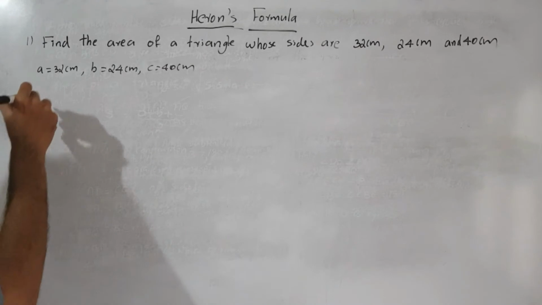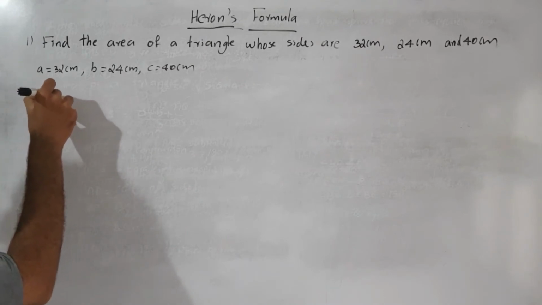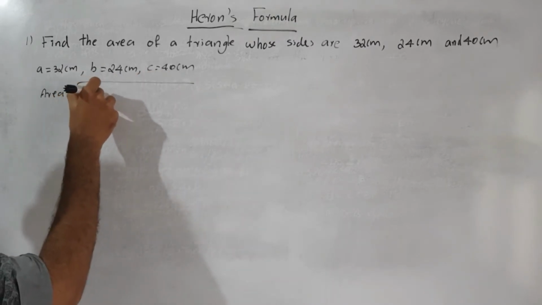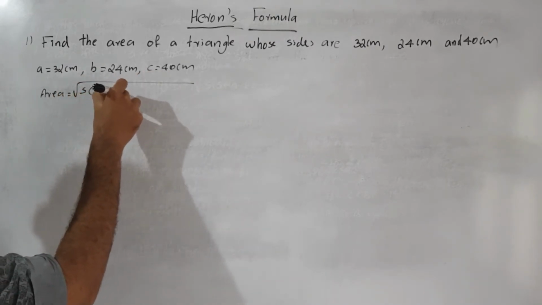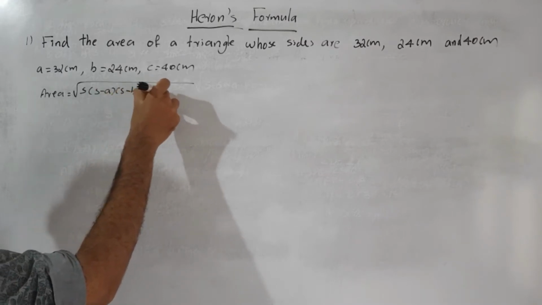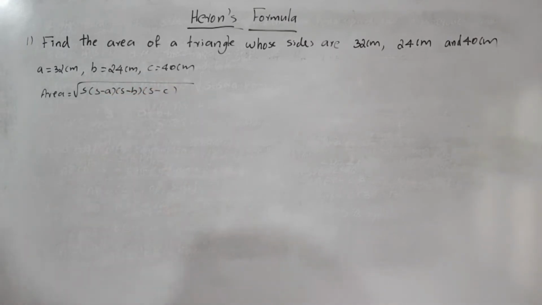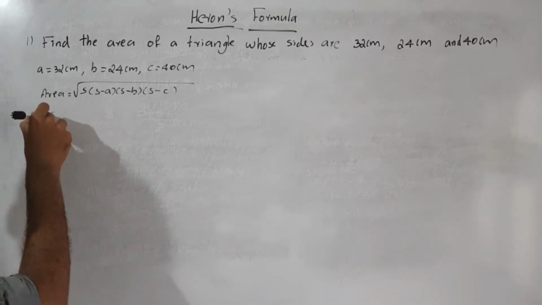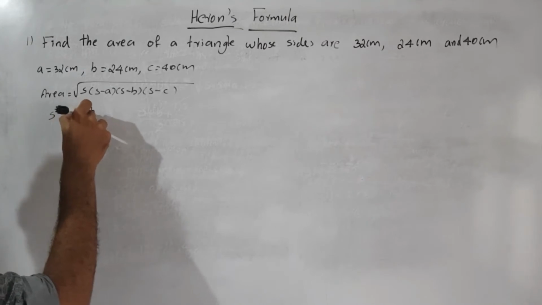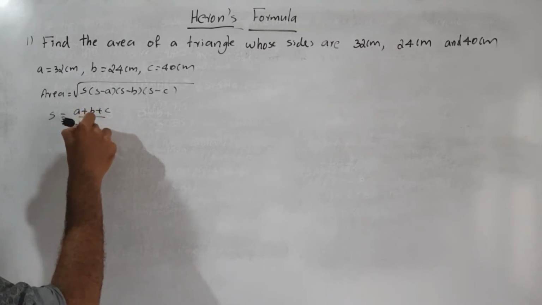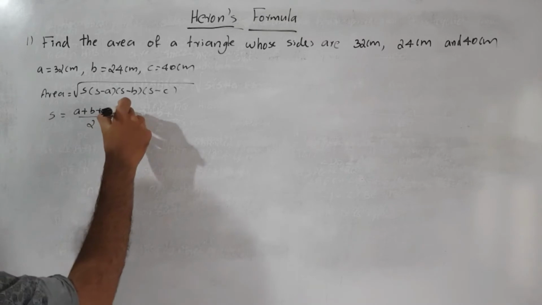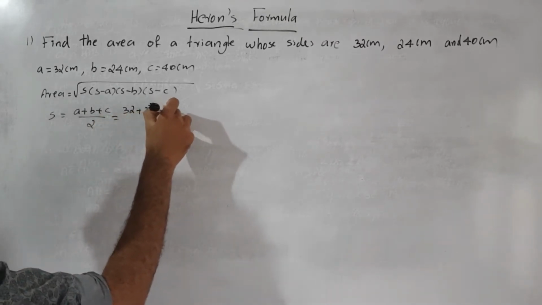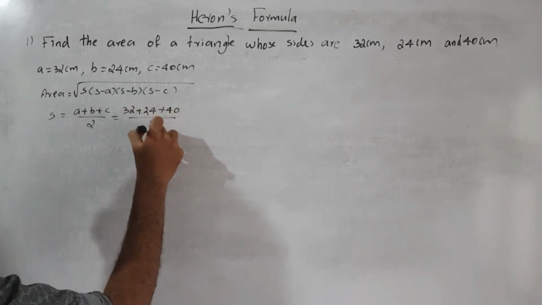Then we use the equation: area is equal to root of S into S minus A into S minus B into S minus C. Next we want to find the value of S. S is equal to A plus B plus C by 2, which is 32 plus 24 plus 40 by 2.